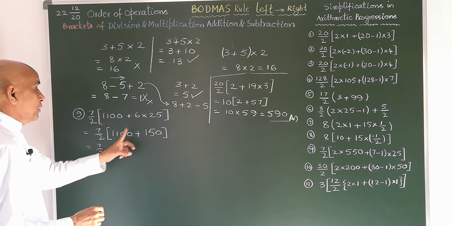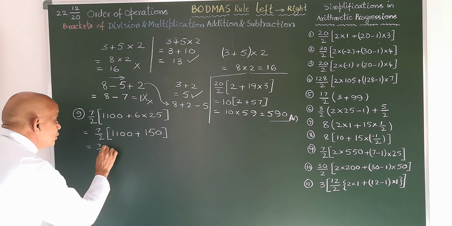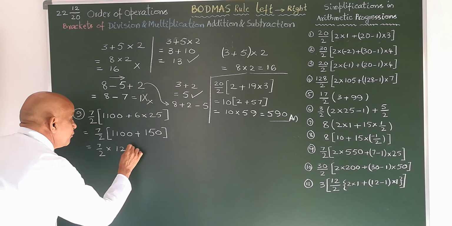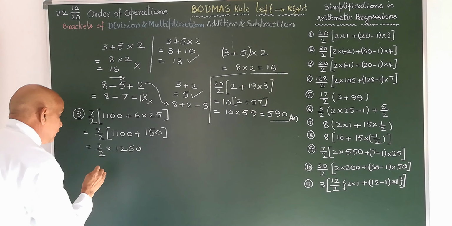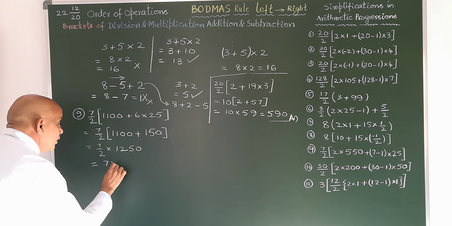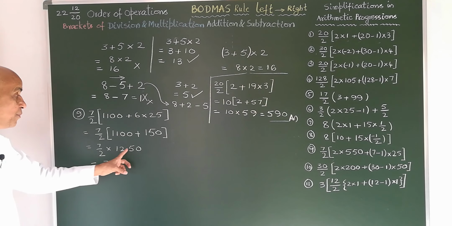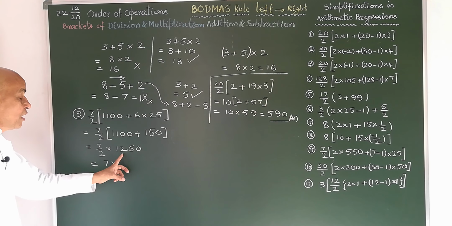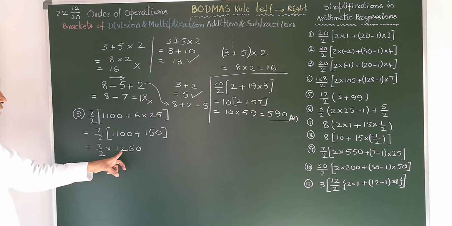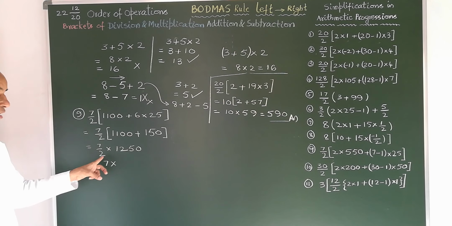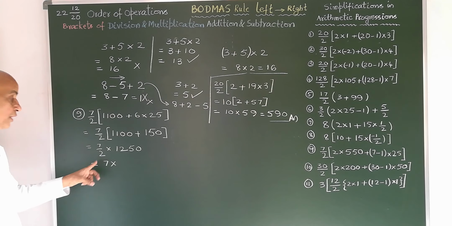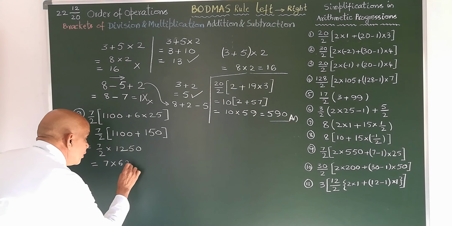So 1100 plus 150. So this is 1250. Then divide by 2. If you divide 1250 by 2, if you divide 1200 by 2, 600, 50 by 2, 25, 625.